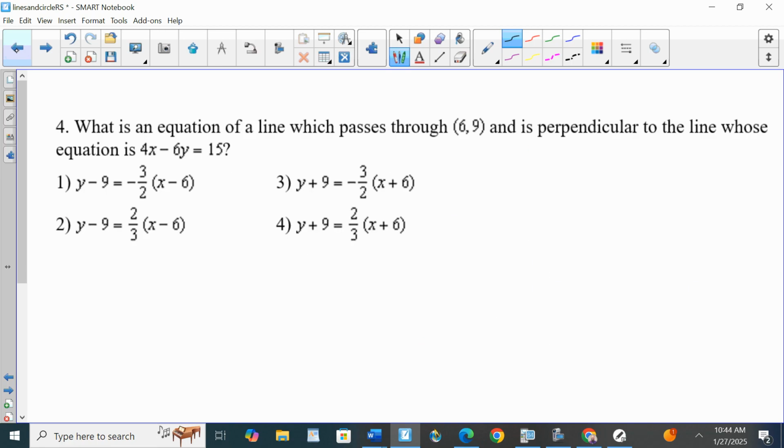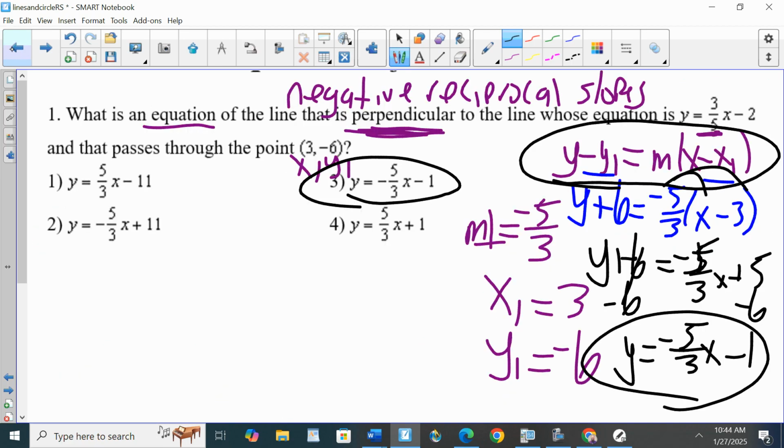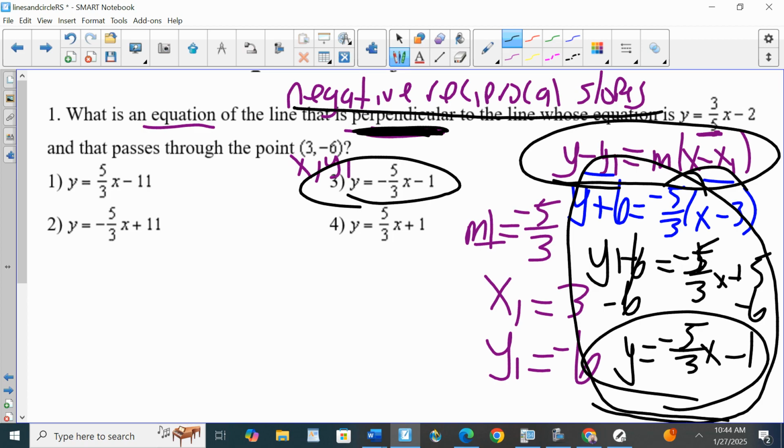Equations of a line through a point, y minus y1 equals m, x minus x1, might have to distribute, and isolate y. And you need to know parallel has the same slope. Perpendicular lines have negative reciprocal slopes. And remember, when you're subbing into this formula, minus means change the sign. Change the sign of x1 and y1.